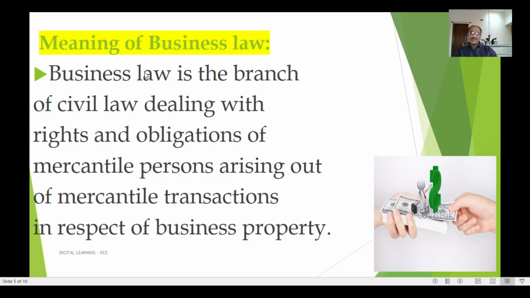Let us come to the meaning of business law, with the help of which we have understood what is called business law. Business law consists of the rights and obligations of mercantile persons, that is, how they will protect their business property, and what the rights and obligations of business people are, all of which are mentioned in business law.